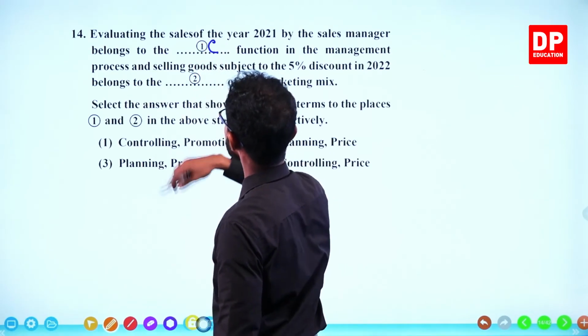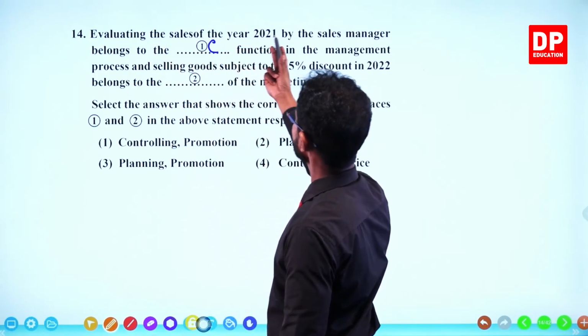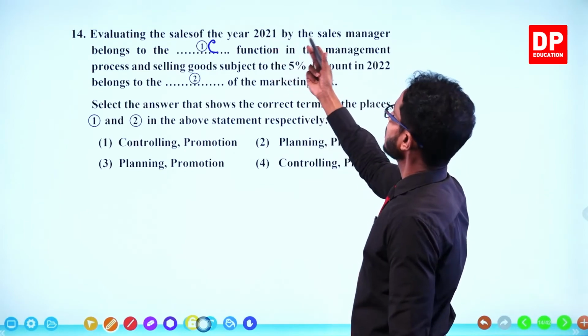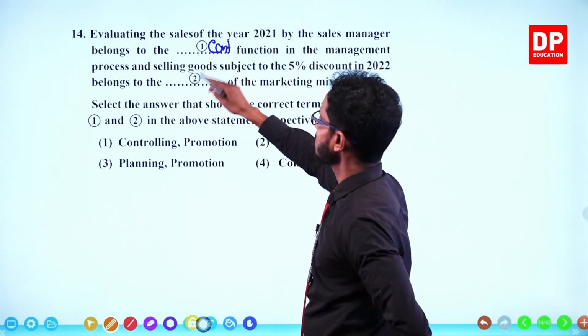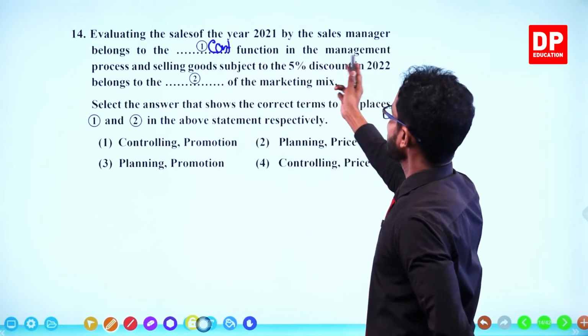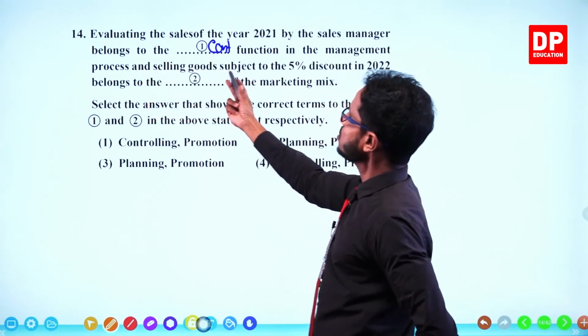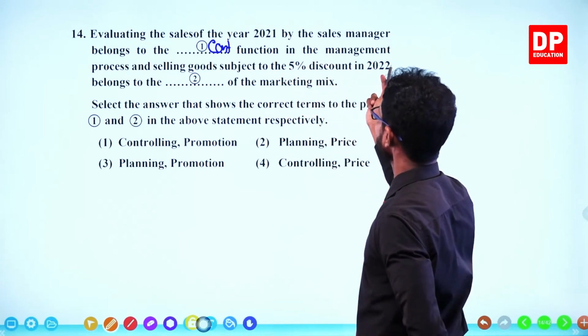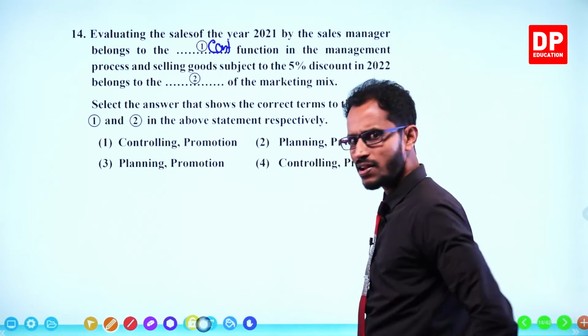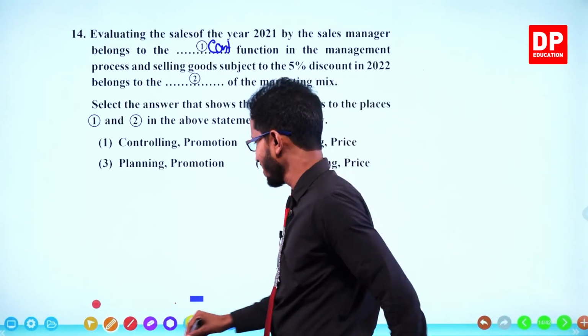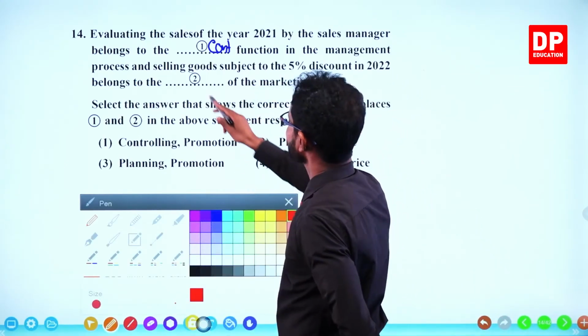It belongs to controlling, the controlling function in the management process. And selling goods subjected to a 5% discount in 2022 belongs to the marketing mix. Price. Selling goods with a discount is price.